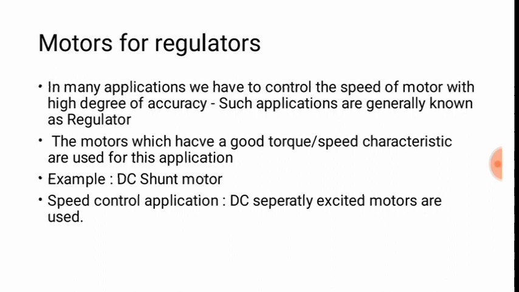So instead of a DC shunt motor, if we use a DC separately excited motor, we can control its speed easily by controlling the current through the field winding. Thus, in different types of regulator applications, we generally use a DC separately excited motor.